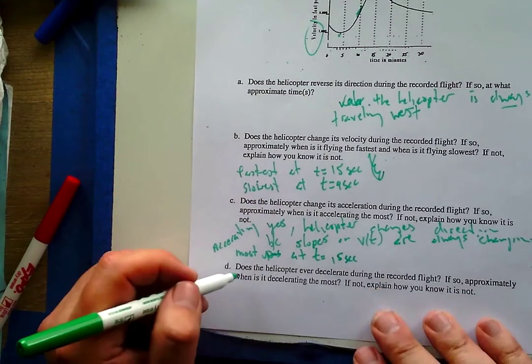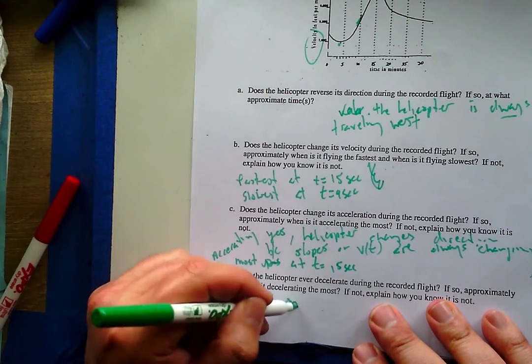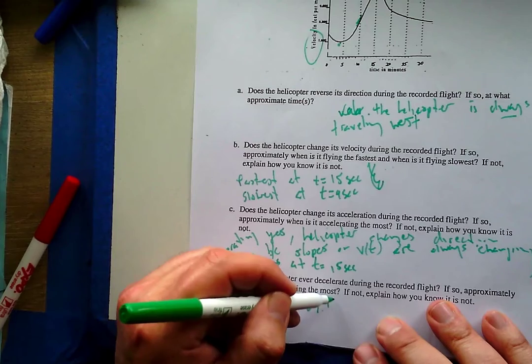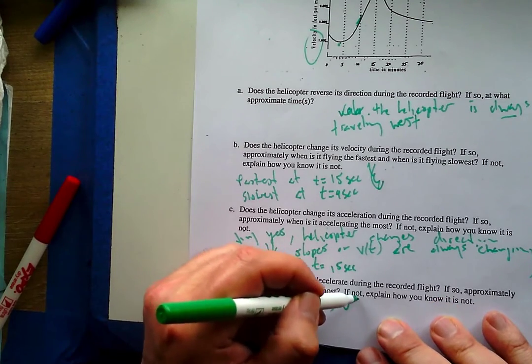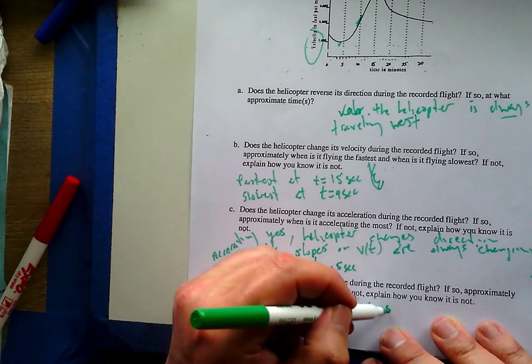And that's that. Does the helicopter ever decelerate? Sure. On 0 to 4, union 15 to 35.